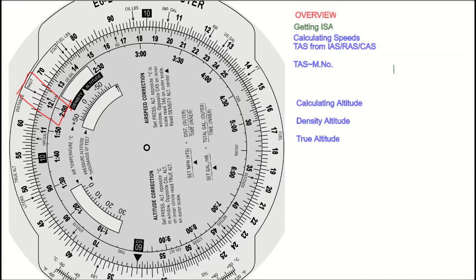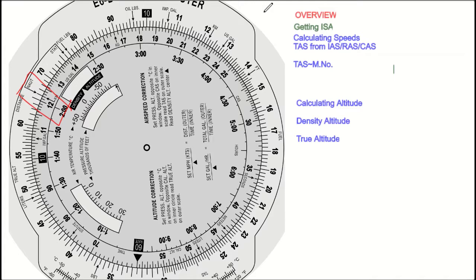Every graduation is 1 nautical mile. So we see here 1, 2, 3, 4, 5, 6, 7, 8. It's about 10.8 nautical miles, which is equal to 20 kilometers. That's what my computer is telling me, and that's how you can use this outer scale.